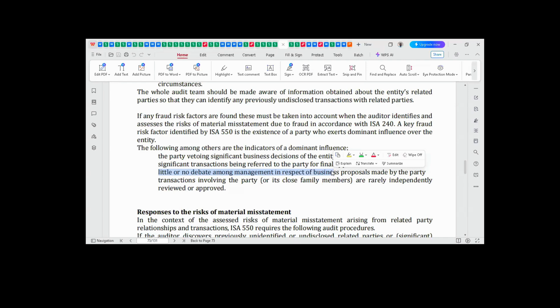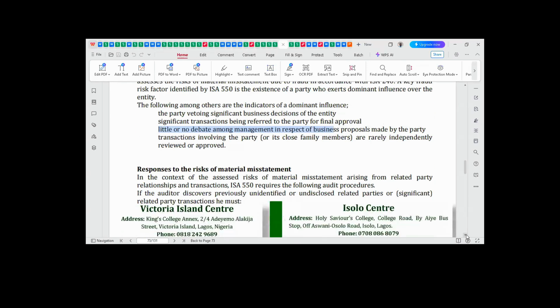Everybody just supports it and says these things are fine, it's okay for implementation. That will also give you an insight that there is a related party person that exists in this organization.